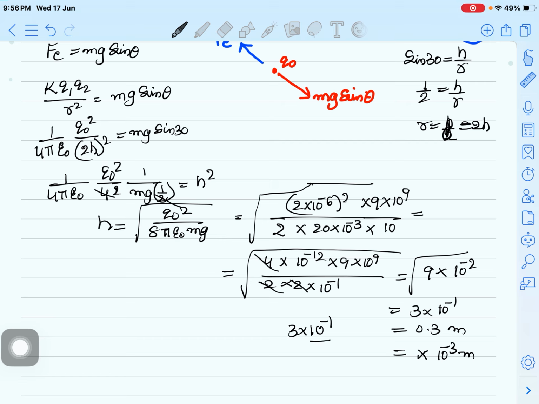Multiply and divide by 10 power 2: 10 power 2 multiplied with 3 becomes 300, and 10 power 2 in the denominator makes 10 power minus 3. So finally we got the x value as 300. Okay, sir. Thank you.